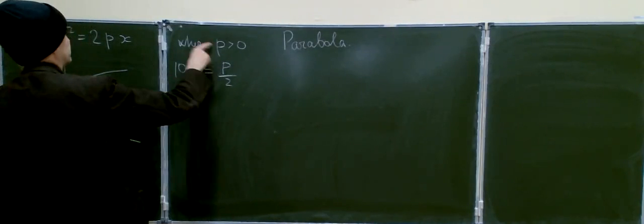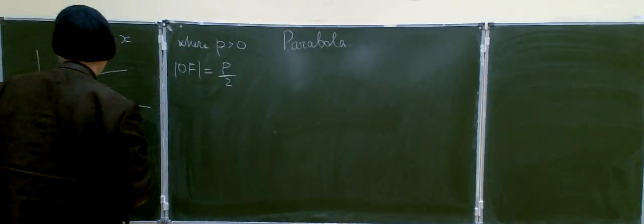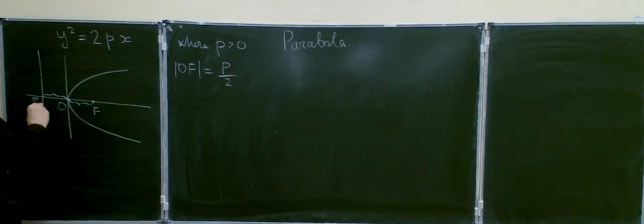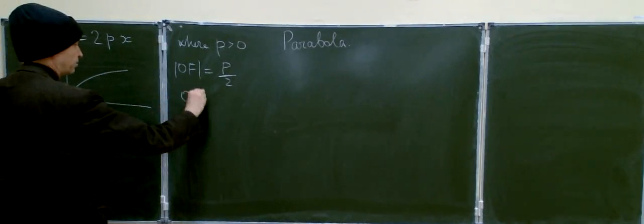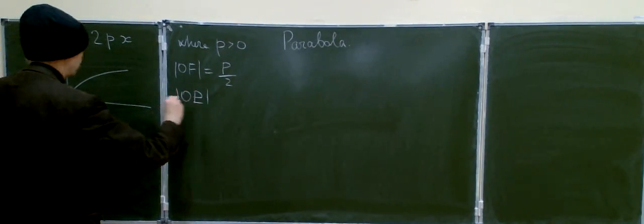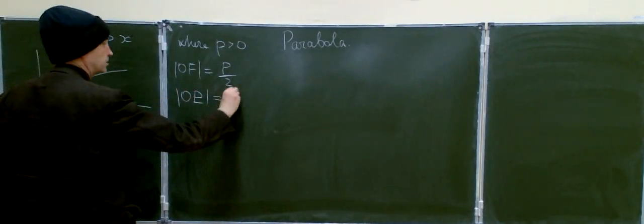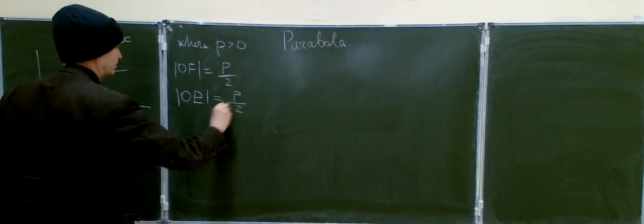So we should divide this parameter by 2, and it will be this distance. And again, the distance from the vertex to the directrix is also p over 2. So OP is equal to p small over 2.